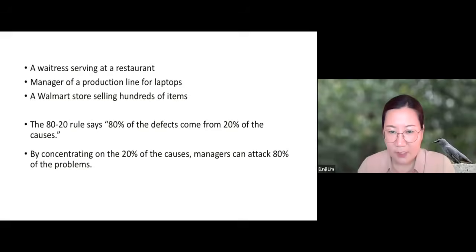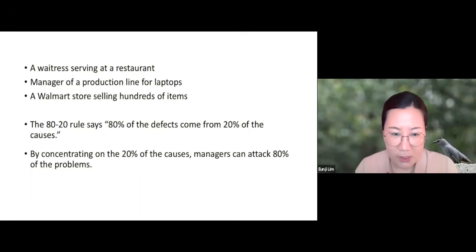I don't need to spend all of my time monitoring all of my inventory. I can focus on the items that generate most of my profits, and I can use my time more efficiently by focusing on those items.